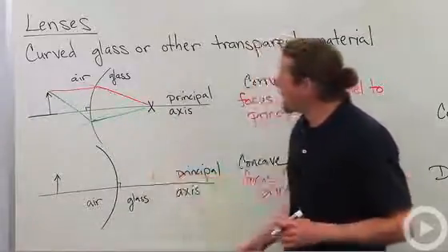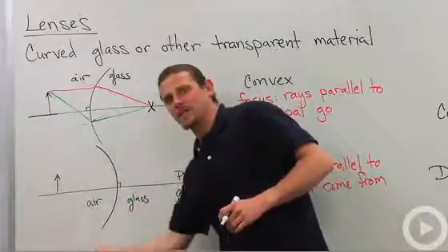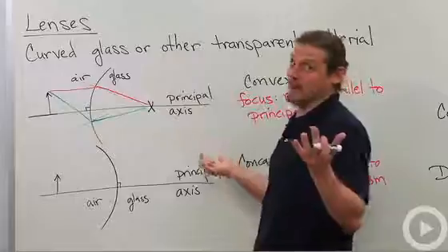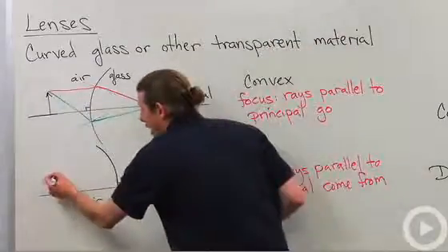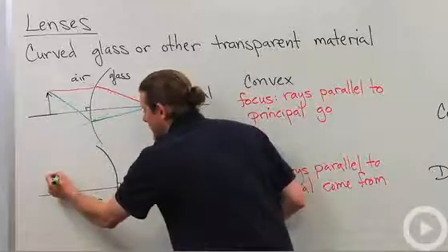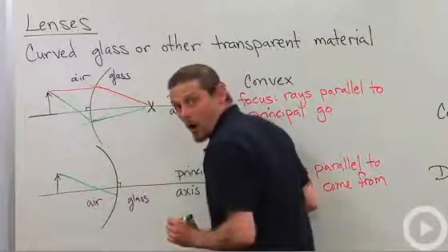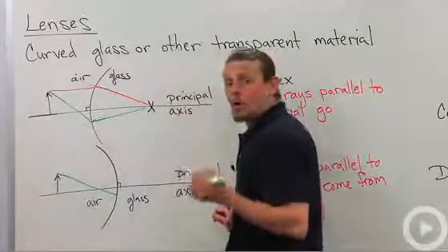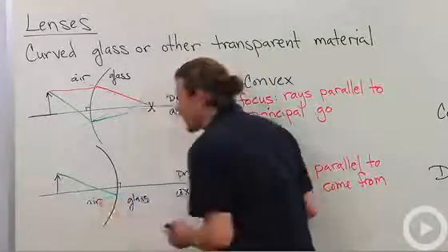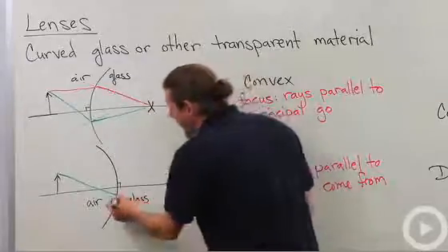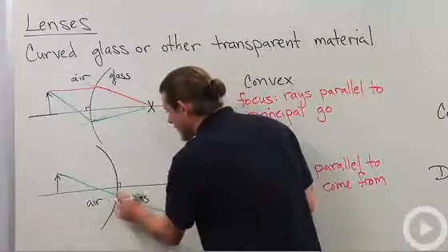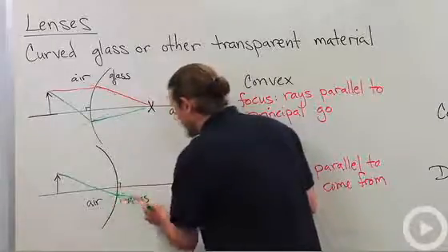What happens if I've got a piece of glass that's like this, concave? Well, in this case, we're going to do the same thing. Let's go ahead and draw some light rays. Here's one. It's going to come down like this. Again, we need our normal. Our normal is that way, and again, we bend toward the normal, just like this.